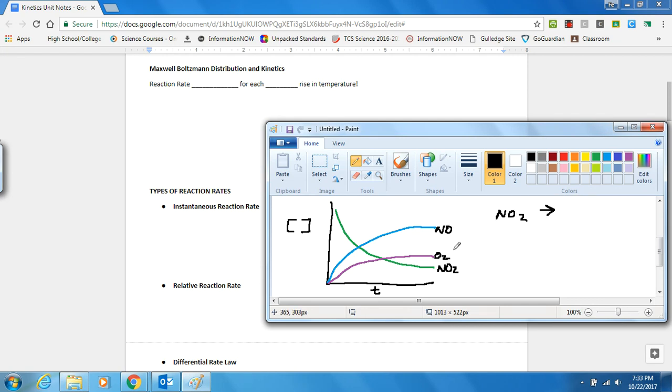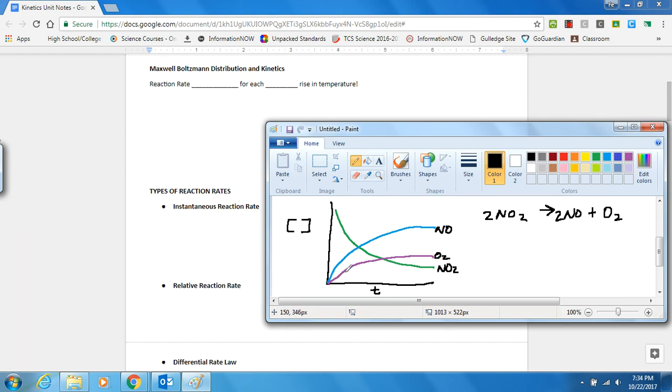I actually have two products, and how I know that NO and O2 are my products is because those are both increasing in concentration over time. So I'm going to write NO plus O2. Now, this reaction is not balanced, so we need to balance it. In order to balance this reaction, we need a 2 there, and we also need a 2 here, and that's balanced.